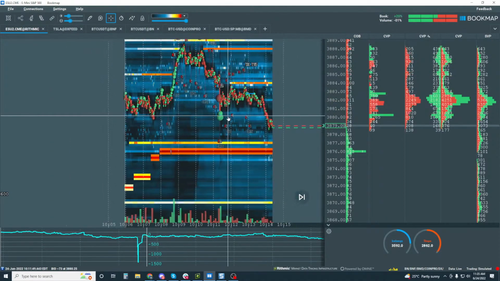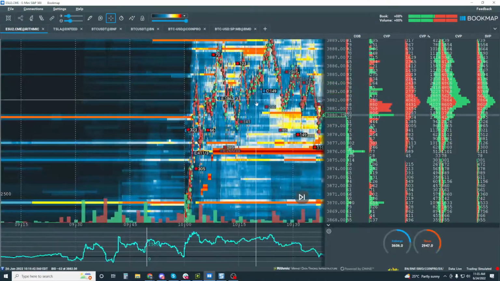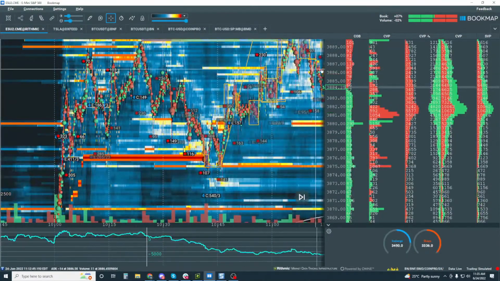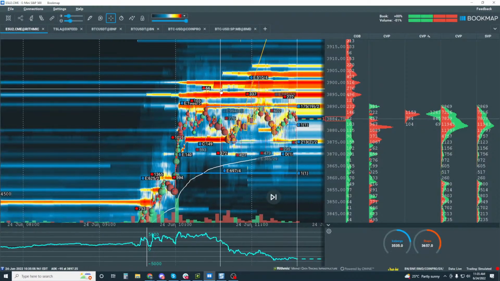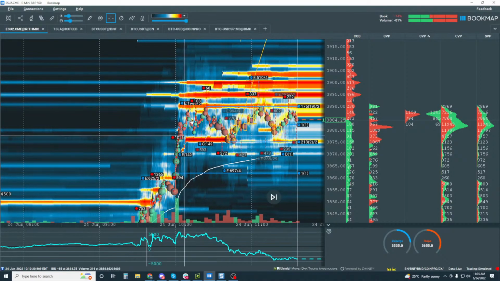But in the overall bigger picture, let's zoom out here, this is just one event in many now, and you can see that actually it has put a bit of a stop on the move higher here. So it's a confluence, is my point.